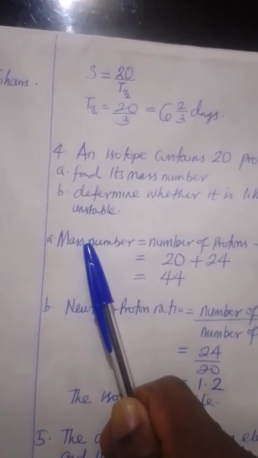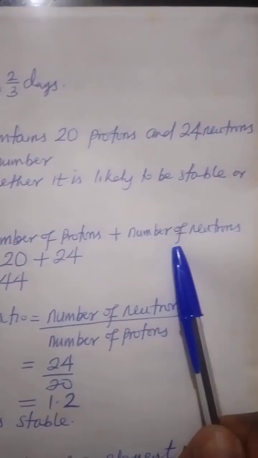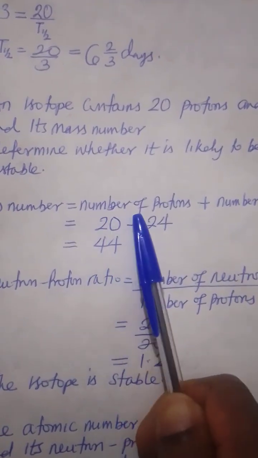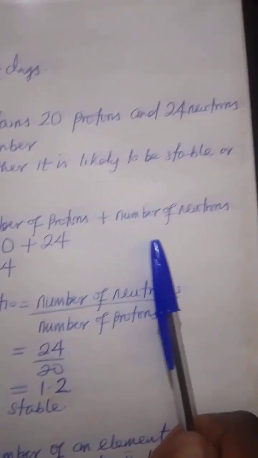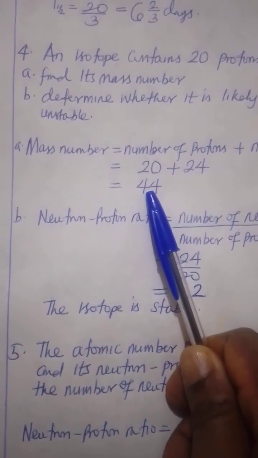Remember, mass number, nucleon number, is number of protons plus number of neutrons. So if you add the number of protons, 20, number of neutrons, 24, that will give you 44. So our mass number is 44.